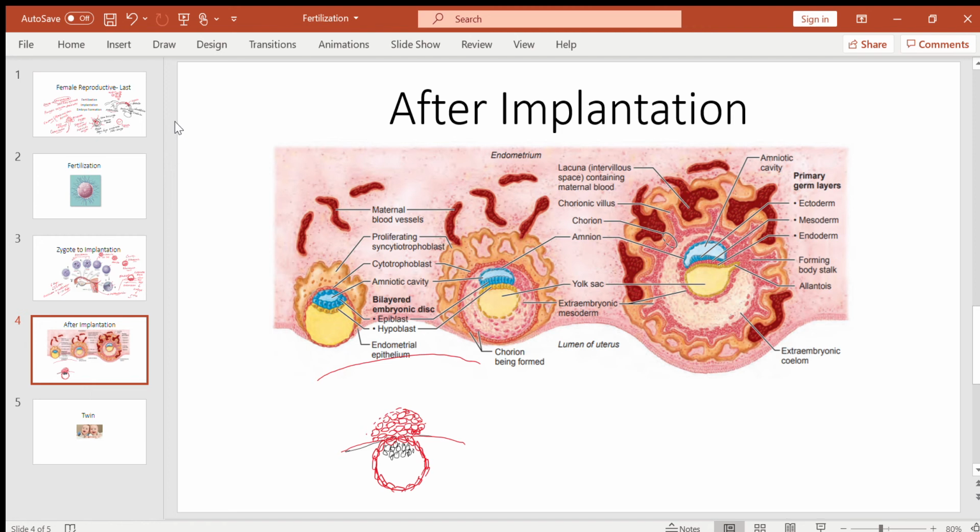and then what will happen, these cytotrophoblasts will lose the cell membrane, so the cell membranes will get dissolved. Just think that all these cell membranes got dissolved. So what will happen, let me draw here.